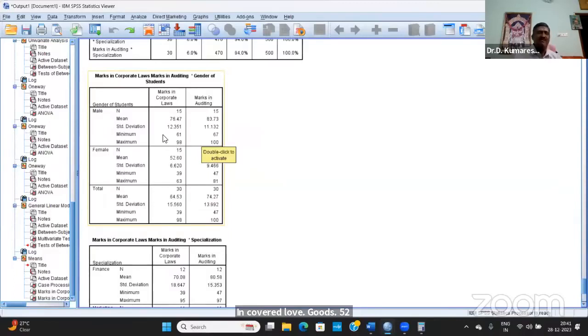So when comparing between boys and girls or male and female, male students have performed better. Similarly, in auditing, average score of male 83.73, female 64.80. That is also less than the average score of male students.